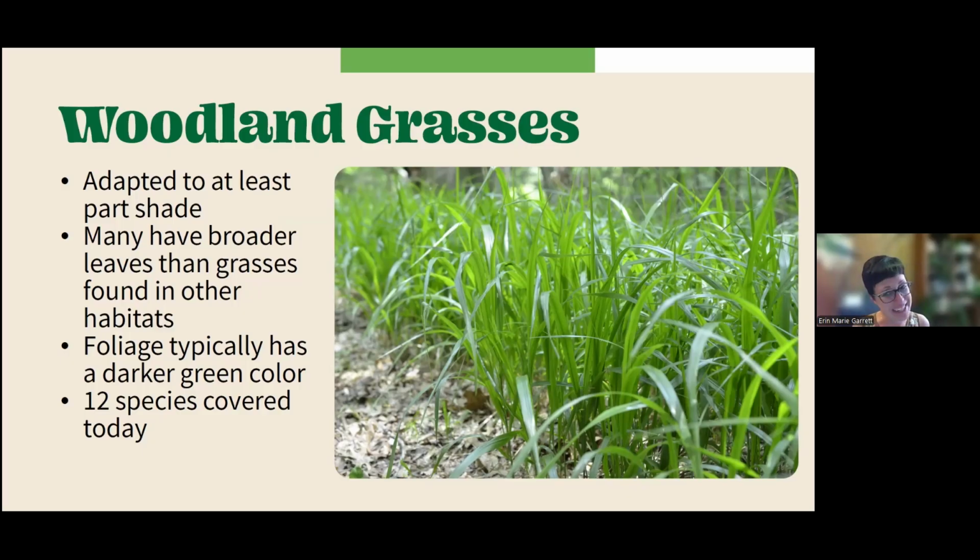These are generalizations. And as we go, I have some pictures of when it's growing in the shade versus when it's growing with more sun, and you'll see that color change in the leaves, with a brighter, lime green the more sunlight it gets. And again, we're going to talk about 12 different species today. So let's go ahead and get started.